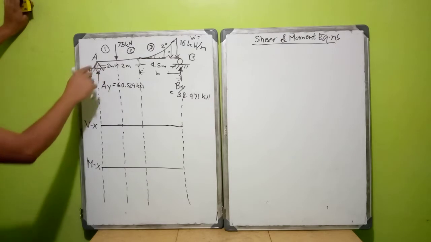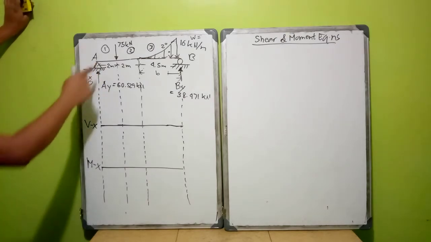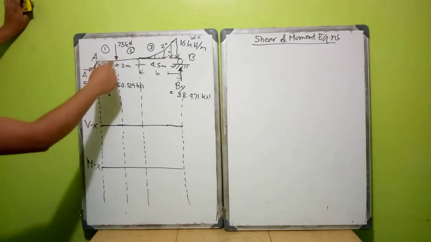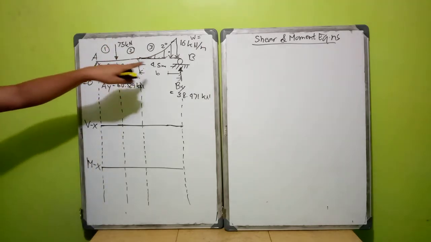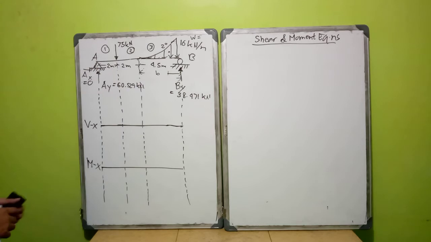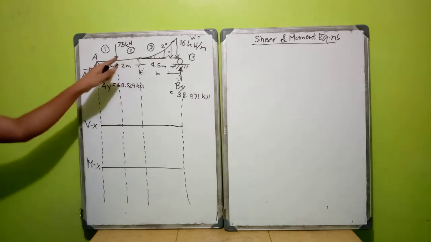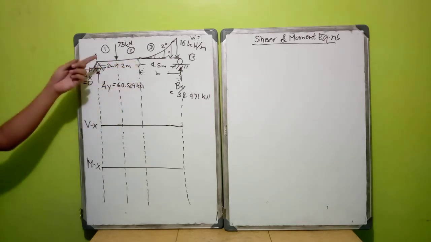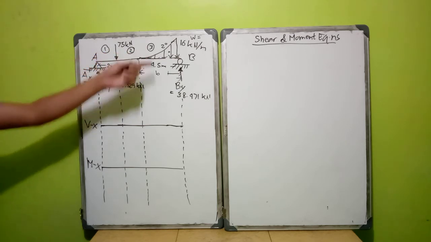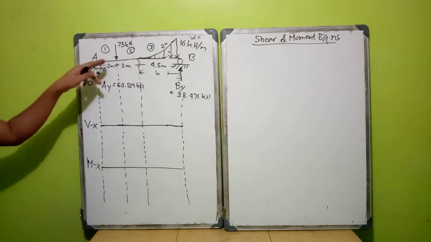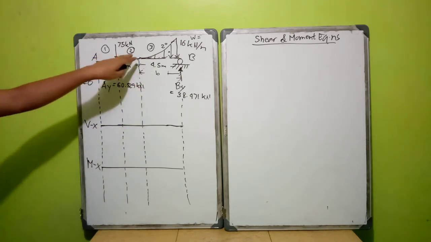Every time there is a change in loading, you put a section. There are actually 2 times in which the loading changes, so there are n plus 1 sections. Section 1, 2, and 3.